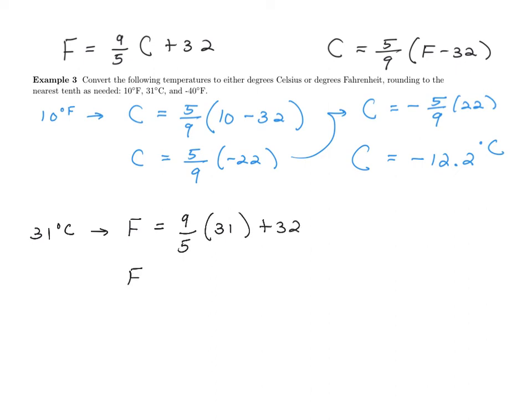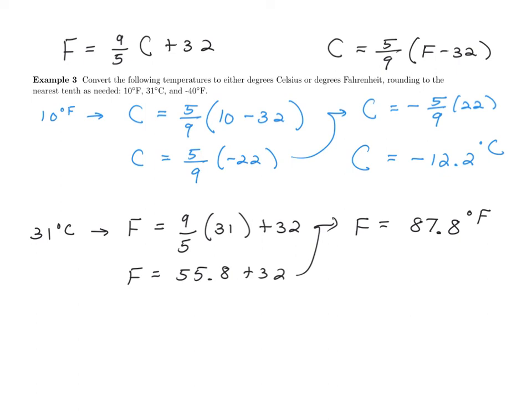All right, if we simplify this, 9/5 times 31 is, we get 55.8. And we are adding 32 to that. And so when we add 32, we get F is equal to 87.8, and that's degrees Fahrenheit.